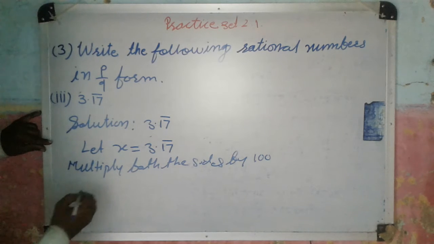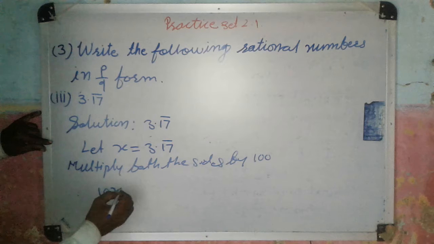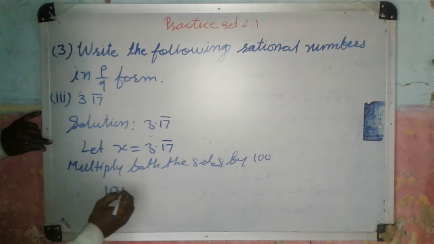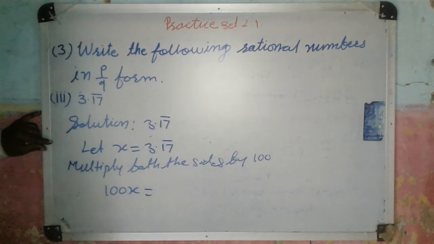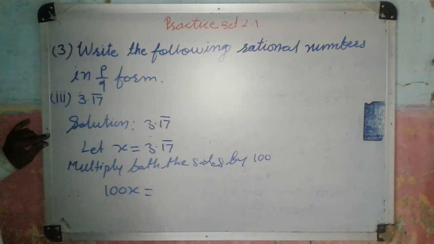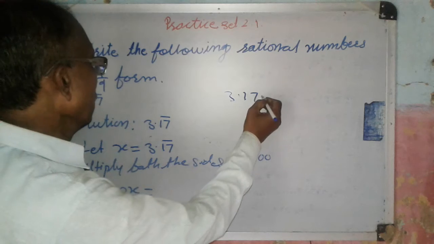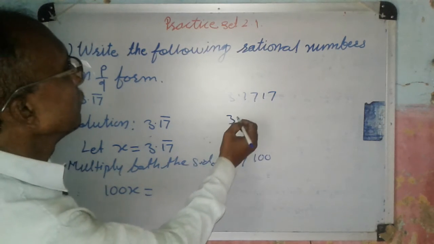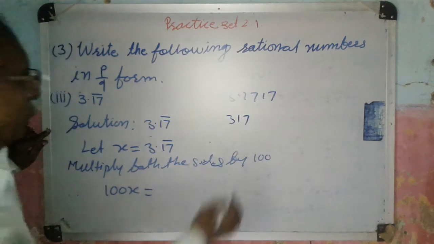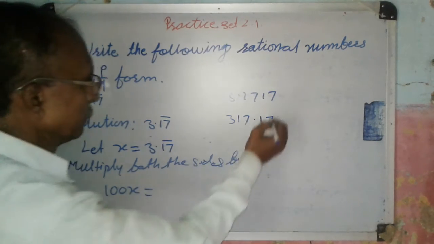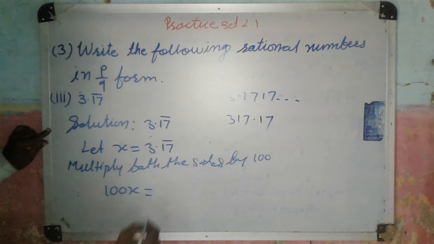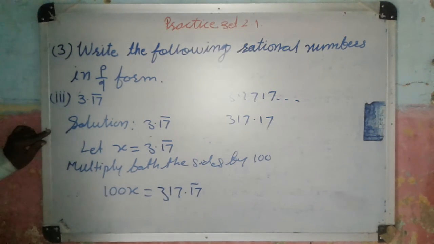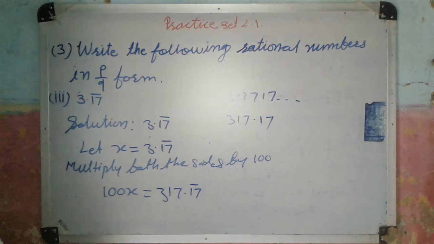So therefore here we get 100 into x, 100x is equal to, now here 3.17, 17. If we multiply by 100, here we get 317.17 bar. Okay.